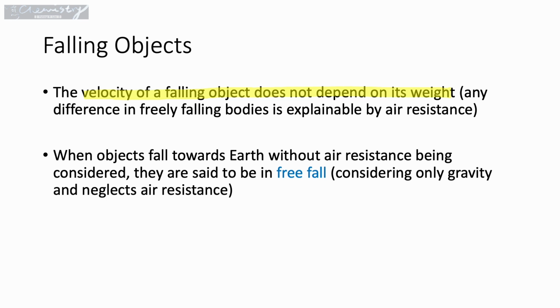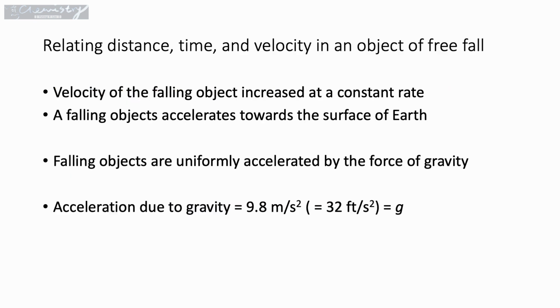And when the objects are falling towards Earth without air resistance being considered, they are said to be in free fall. So we only look at gravity and we're neglecting air resistance, which is actually going to be most of the case when we are discussing in this class. It's just because that way we can isolate the concept of gravity and discuss that one.